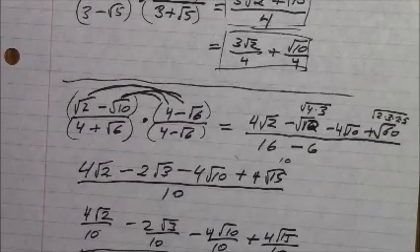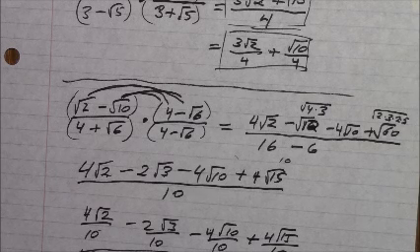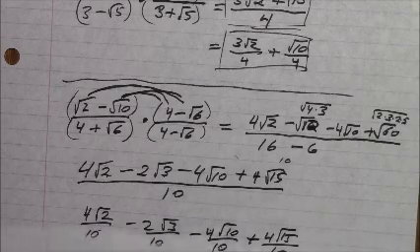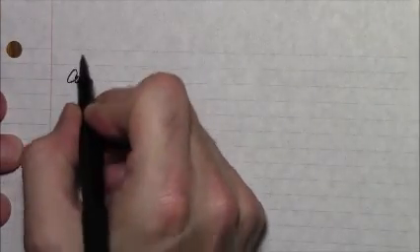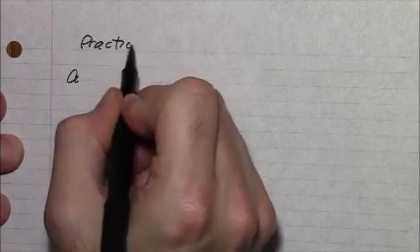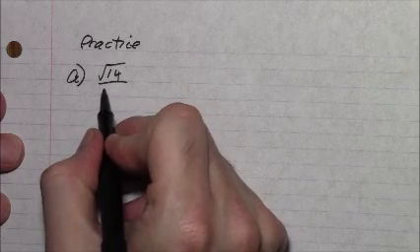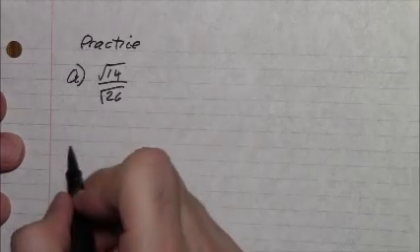And there was a practice paper I was looking for. So there are a couple of practice problems now to do. And I'm going to give you 2 of them to practice, and then you can do it on your own and come back in a moment. Let's do practice. A, square root of 14 over square root of 26.